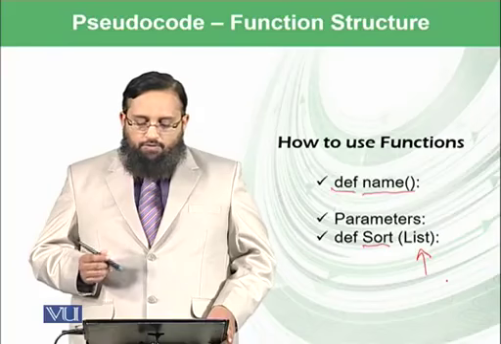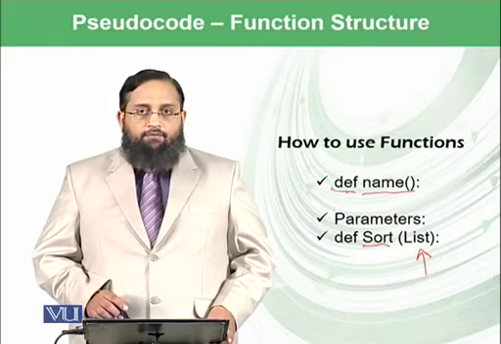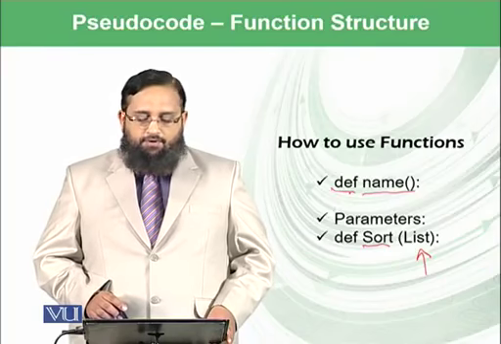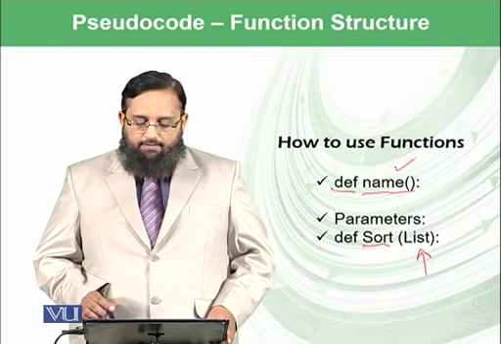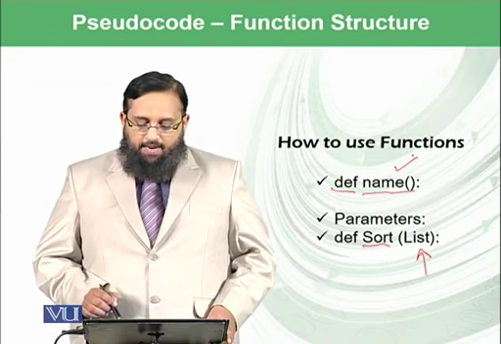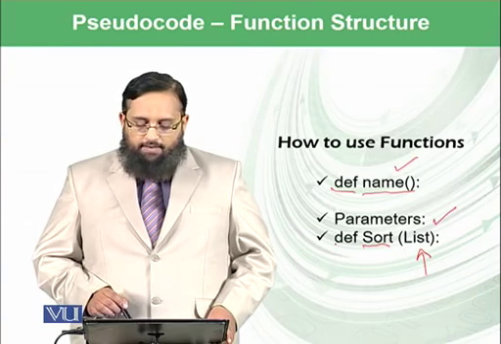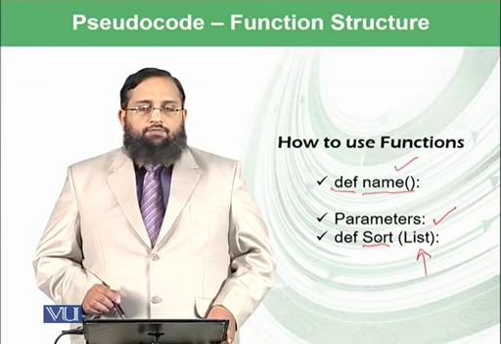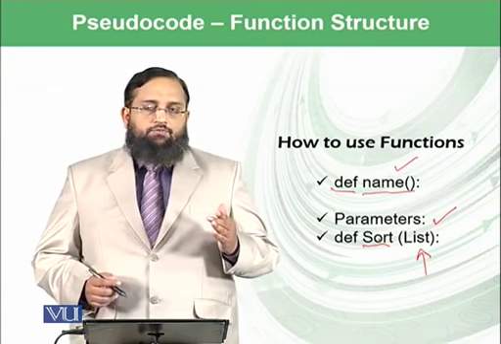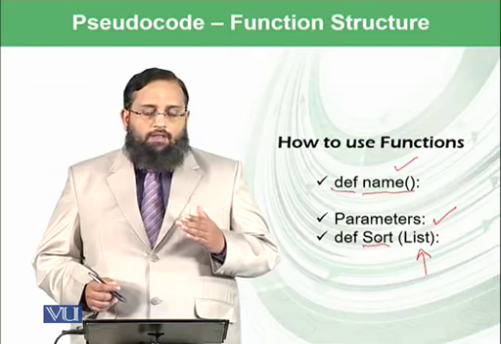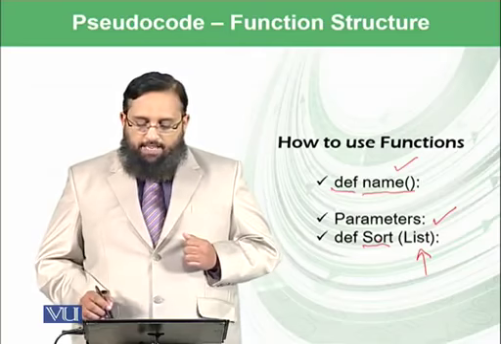So how to use the function? We have def, which is the definition word, and then we write the name of the function, and then we can also pass the list of parameters. For example, we can define def sort. So def sort is the function which we have defined with the name sort, and this sort function has a list.